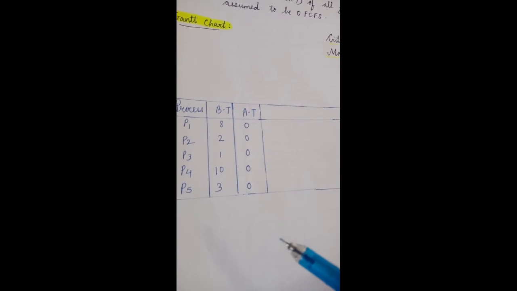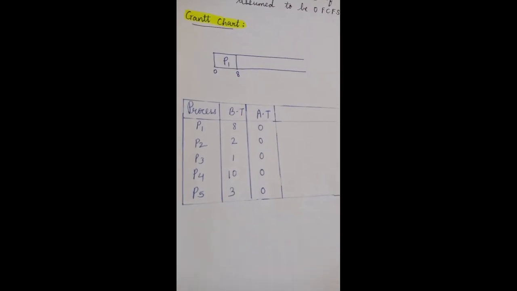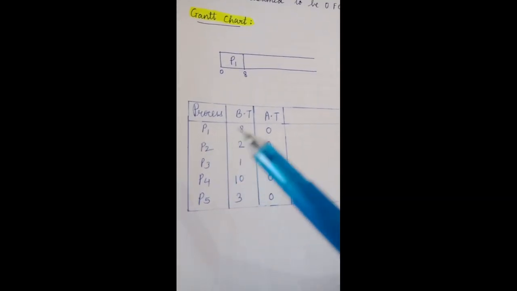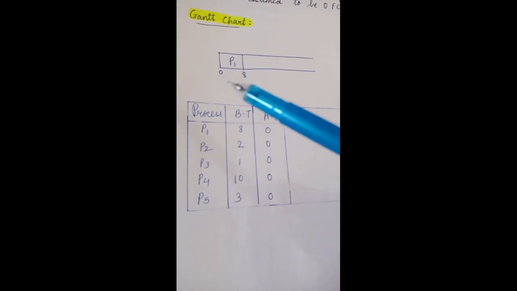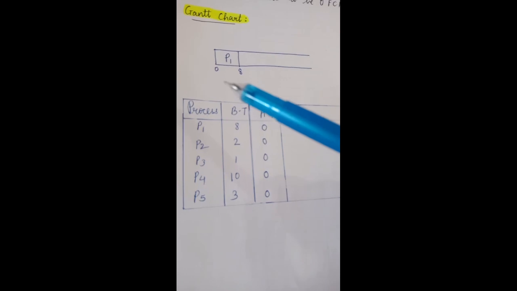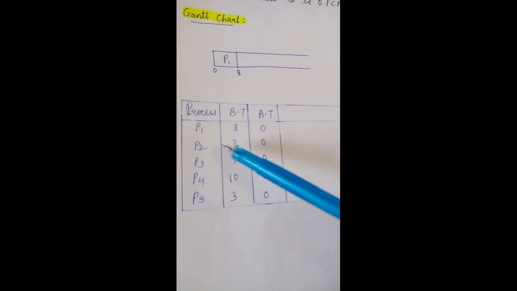Now when arrival time for all is 0, we will start from P1, then P2, then P3, P4 and P5. Let's start. The first process is P1. The process starts from 0 and the burst time, that is CPU time for P1, is 8. So 0 to 8.